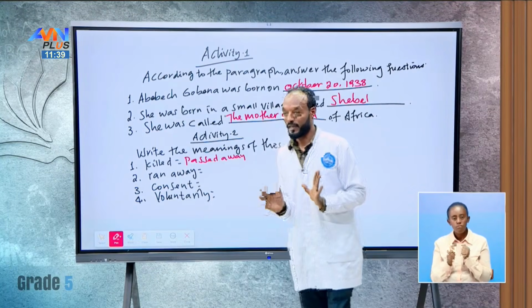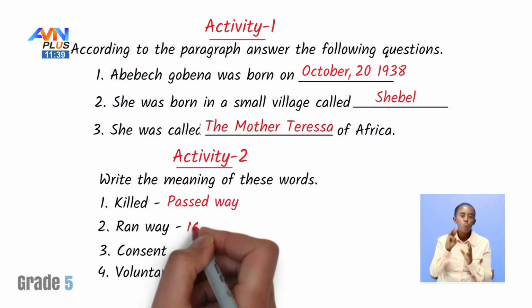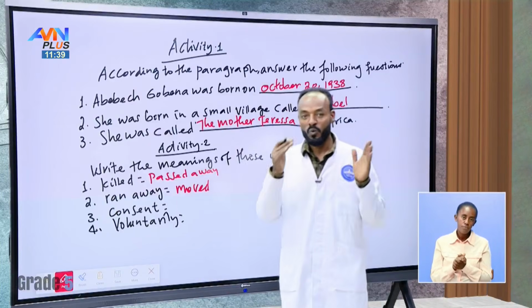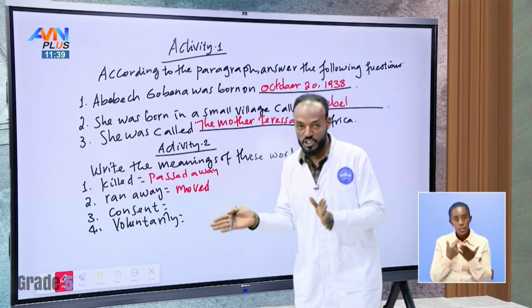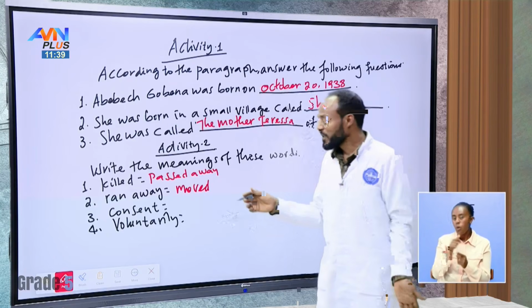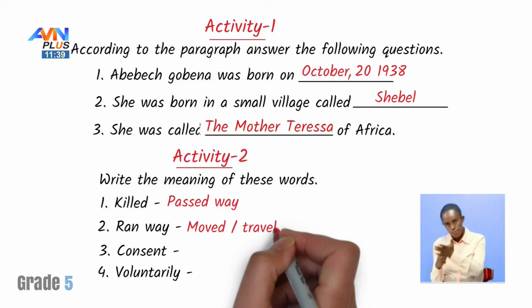Run away means moved. As it was said, she ran away to Addis Ababa. This means she moved to Addis Ababa. Or maybe sometimes it can be said traveled to Addis Ababa.